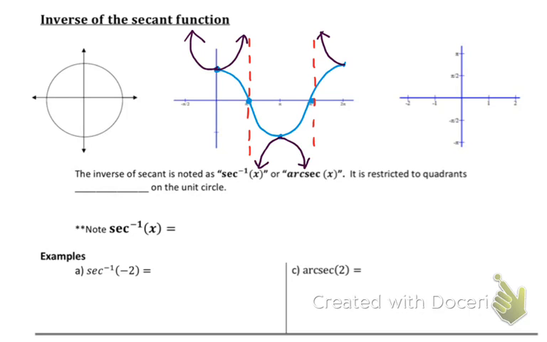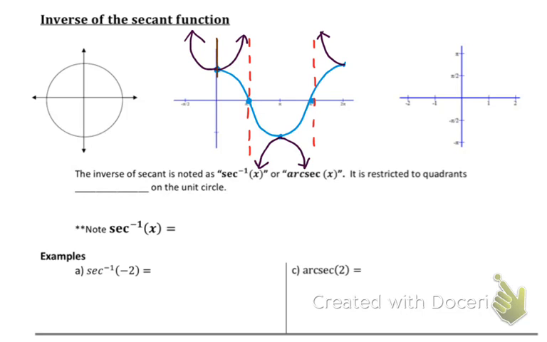If you remember when we took the cosine inverse, we lopped it right off at pi and 0. We said, I just want this little squiggly mark. Well, if I cut it in the exact same place for our secant, it is also going to give me an invertible function. So in fact, we're going to cut it off at the exact same point as we did with our cosine inverse.